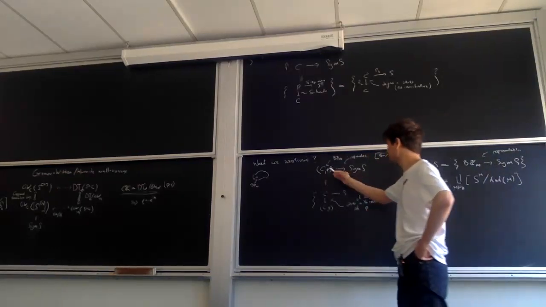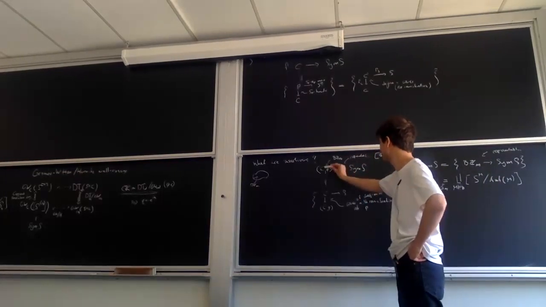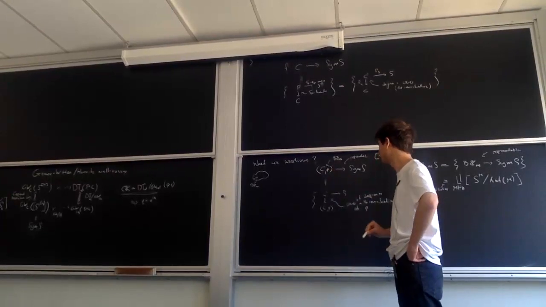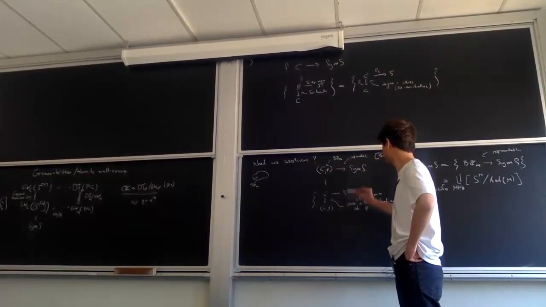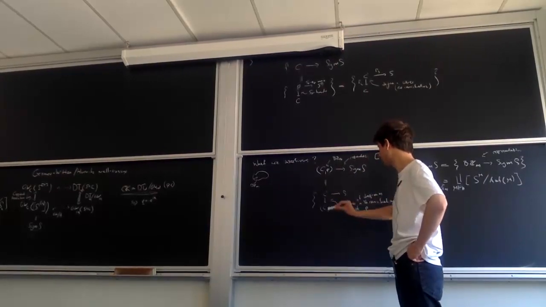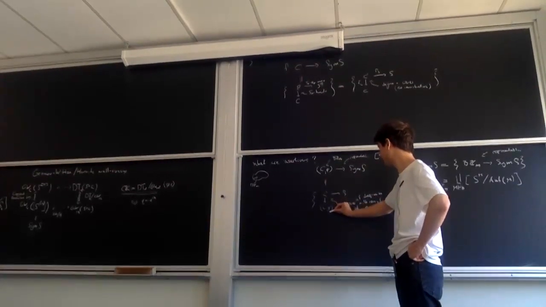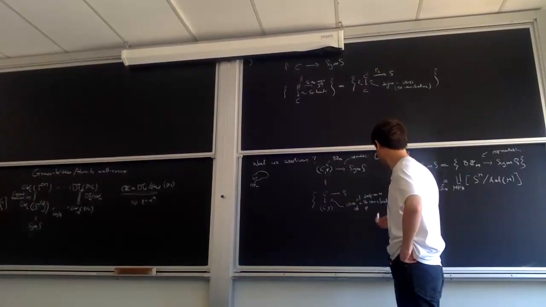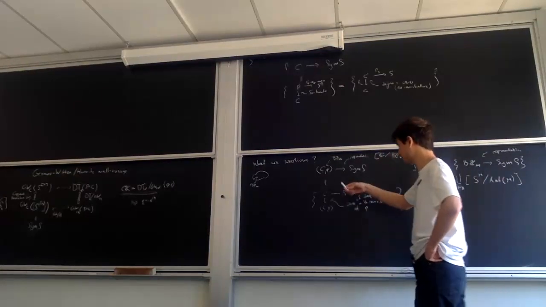So the data, just to emphasize, the data from a twisted marked curve to the orbifold symmetric product is equivalent to the data of a degree n cover with ramification at this point P. But ramification, in this sense, becomes some kind of insertion.